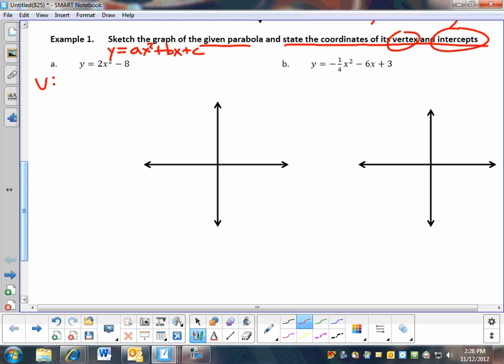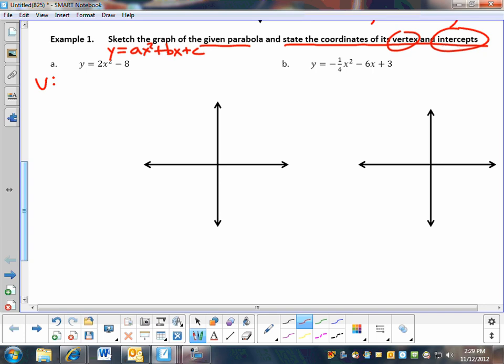In order to find the vertex, I take negative b and divide it by 2a. The biggest mistake people make is that when they look at this form, they say the first number is a, the second number is b, and the third number is c. Not so. a is the number in front of x squared, b is the number in front of x, and c is the number at the end.